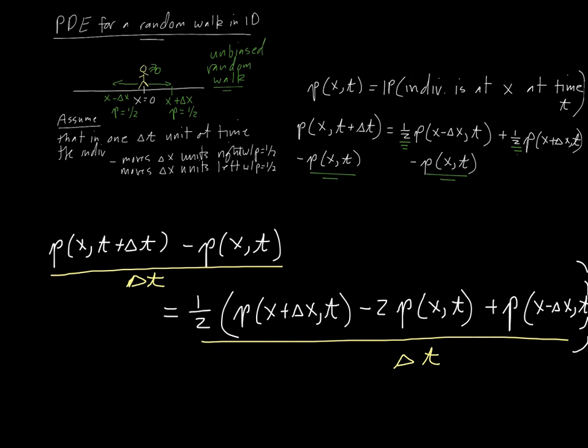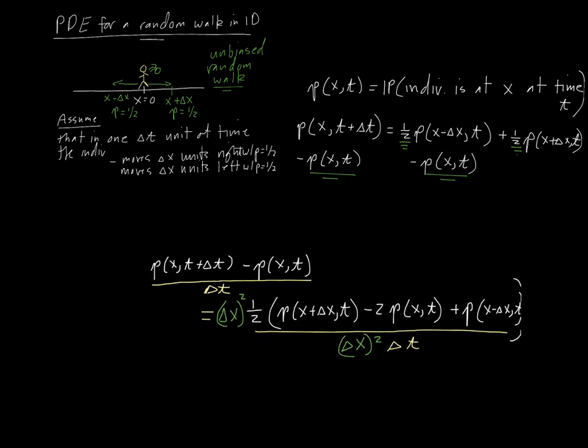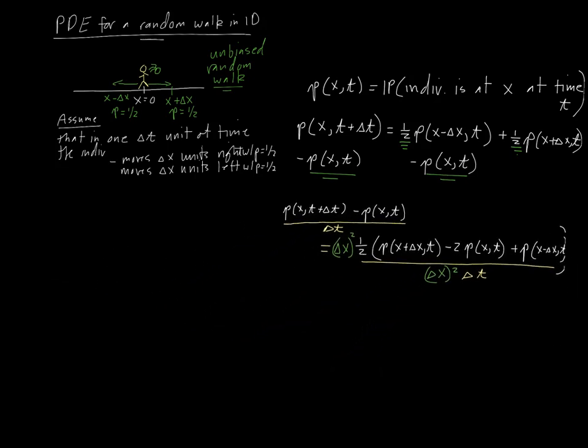And then we're going to multiply both the numerator and the denominator of the right-hand side by delta x quantity squared. Okay. Now if we do that, now we take our expression here and pull it in.